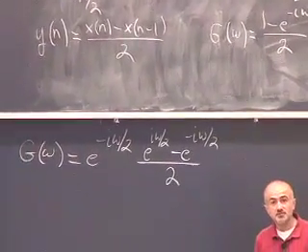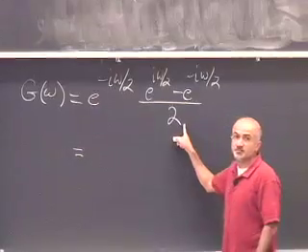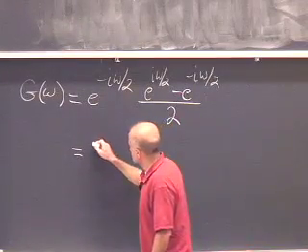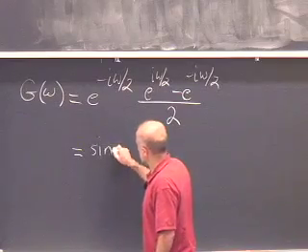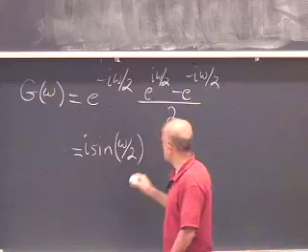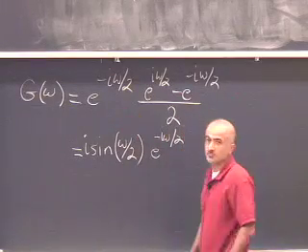What is that? It's related to a sine. But it's not quite a sine because I don't have an i in the denominator. So it's sine omega over 2 times i times e to the minus i omega over 2.